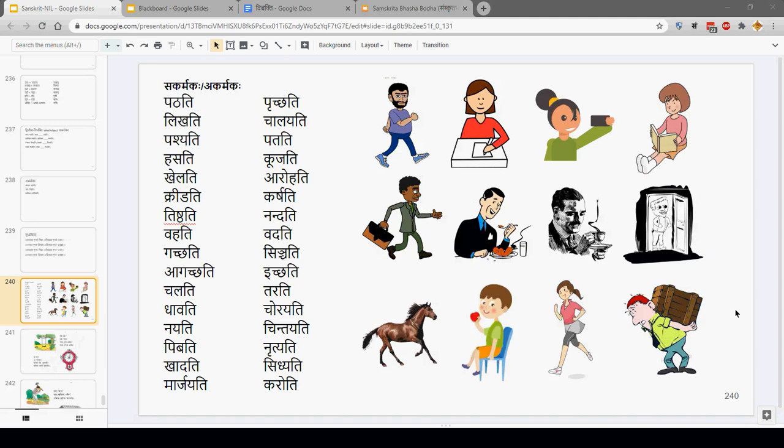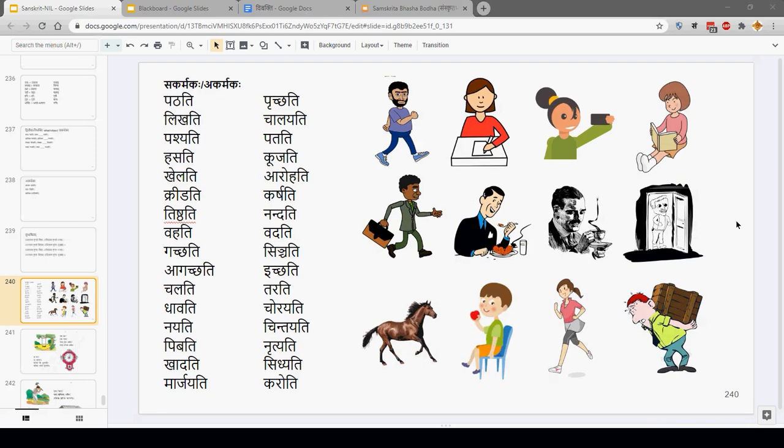Pibati. Pibati is transitive. Pibati drinks. What is being drunk? Jalam pibati. Khadati, transitive.